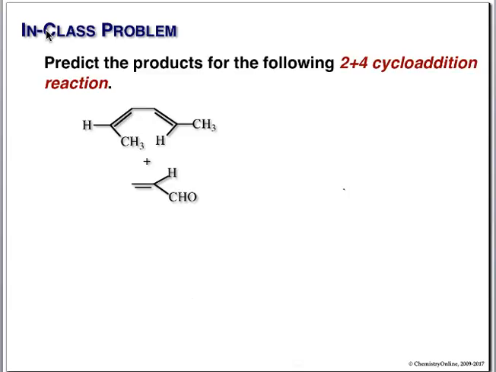Now this is going to give us a simple substituted cyclohexene ring. The first diene, again this is the S-cis configuration. The first diene we're looking at, if we look at our double bond here, we do carbon-carbon, carbon-carbon, carbon-carbon. This is a cis double bond, isn't it?